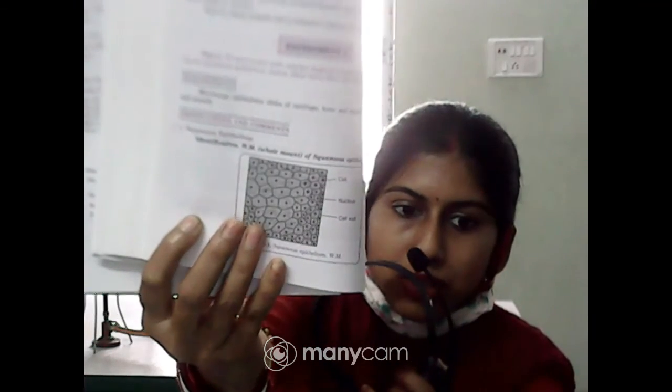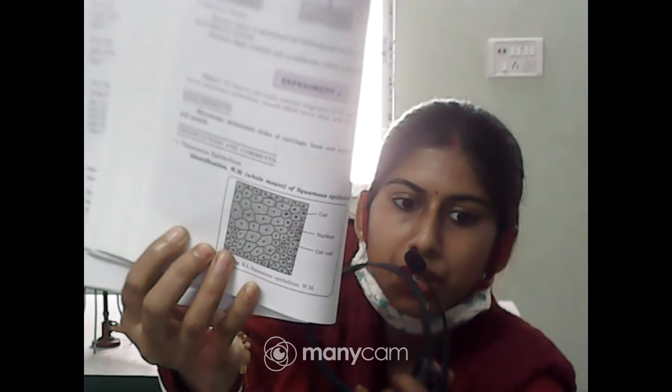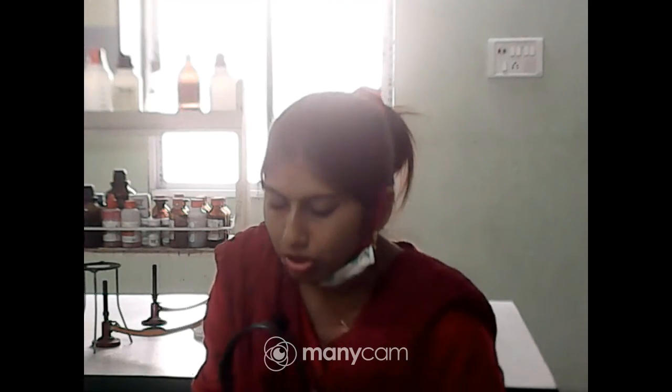You can see this is the diagram of the squamous epithelium. The nucleus is situated at the center, and no extra gaps are present between the cells. Cells are polygonal, oval type of shape. So this is all about the squamous epithelium.